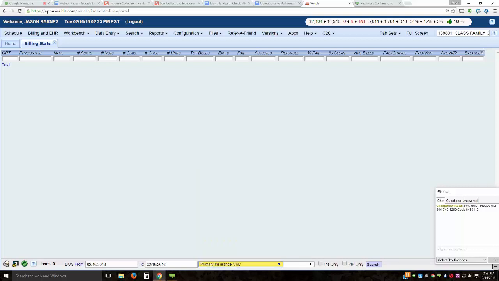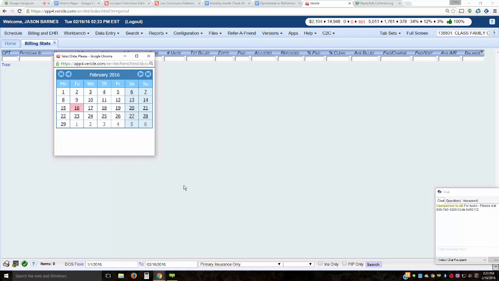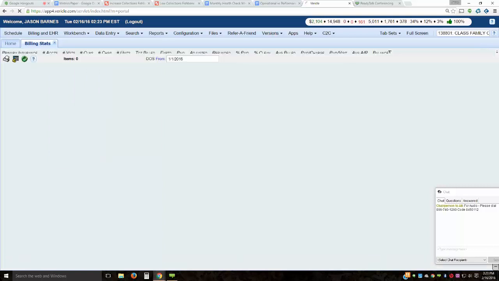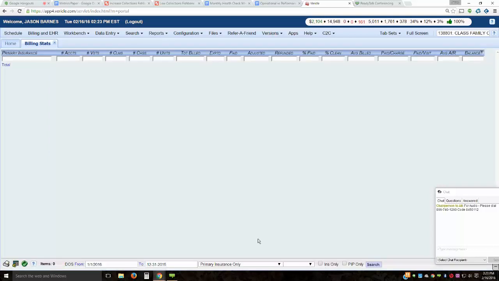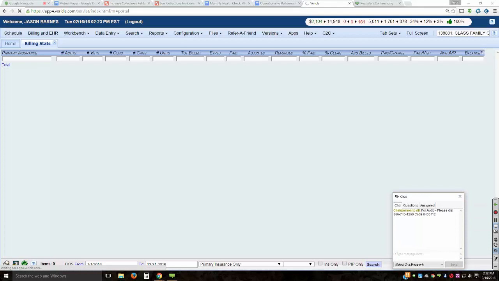But here you're going to look at a date range of January 1st through January 31st. And if you run this date range, you'll see very different results than what you collected for that particular month. So I'm running this date range right now.